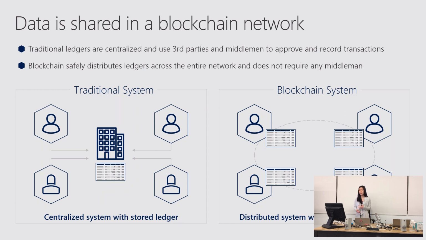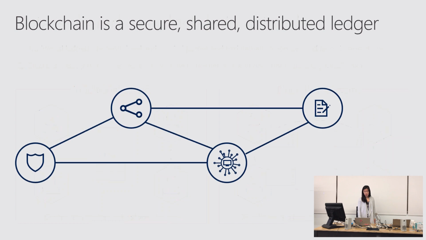The central authority will validate your identity and make sure the transaction you want to make is valid before they update the ledger. A blockchain system is distributed, so all of the participants in the network have a copy of this ledger, and they can write directly to it. So a blockchain system doesn't require a middleman, which is pretty neat.